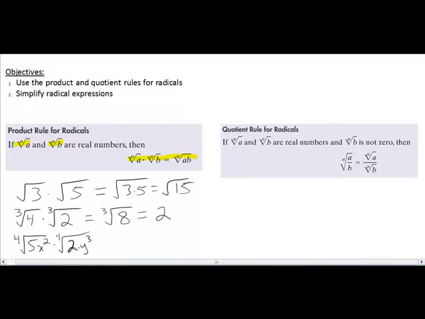Okay. So, we've got a bunch of stuff going on here. The fourth root of 5x squared times the fourth root of 2y cubed equals, well, we know it's going to be the fourth root of something. 5 times 2 is 10. X squared y to the third.